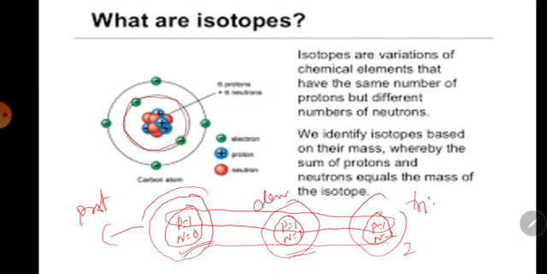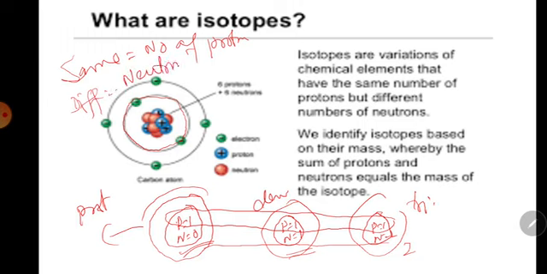So, those elements which have the same number of protons but a different number of neutrons are called isotopes. We identify isotopes on the basis of mass number, where the sum of protons and neutrons equals the mass.